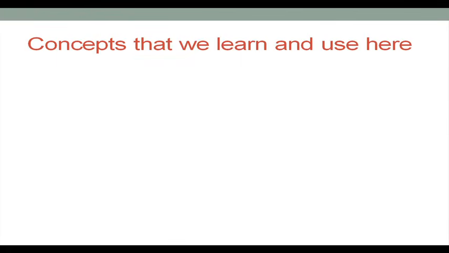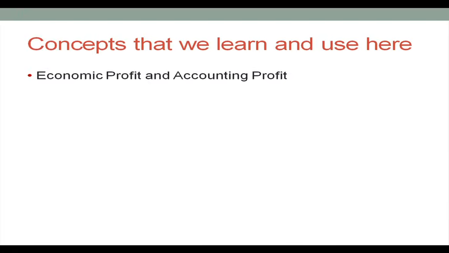So let's start. The concepts that we learn and use here: we are going to talk about something called economic profit and accounting profit. Now profit, as we know it, if we ask what profit is, it obviously determines the difference between the revenue that we get and the cost we incur to generate that revenue.